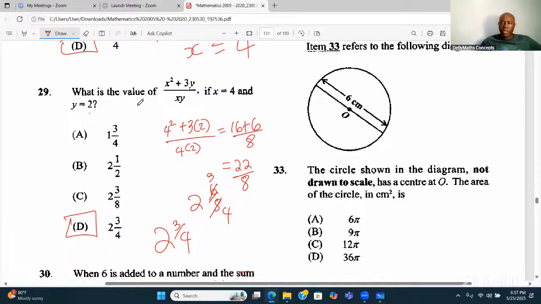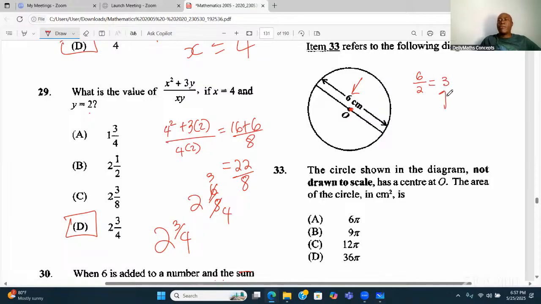Ready? All right, so for 33, it says the circle shown in the diagram, not drawn to scale, has the center at O. They want to know the area of the circle. If they're telling us that O is the center, they're telling us that 6 is the diameter. If 6 is the diameter, if I take the 6 and divide it by 2, I'm going to get 3, which is my radius.